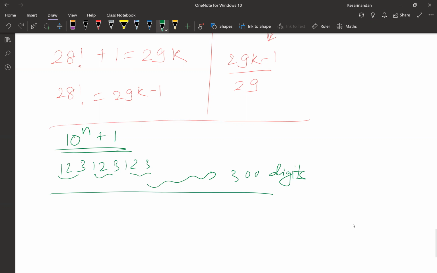And I have to find the remainder when this is divided by 999. Now how will I solve it? Quite easy, nothing to worry about.